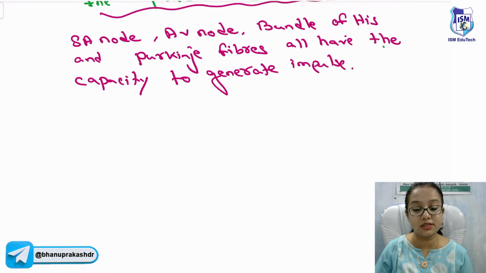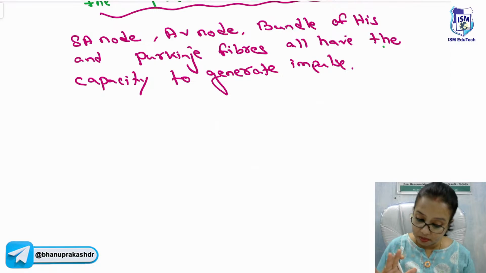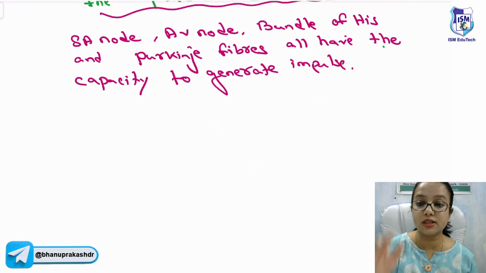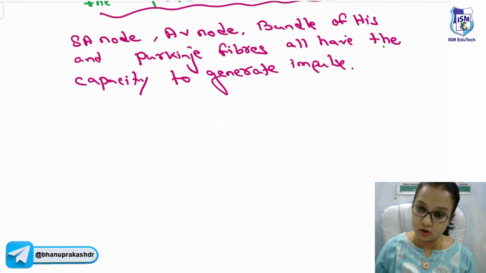Okay, all have the capacity to generate impulse. But when we talk about the nodal tissue, we mean the SA node and the AV node.